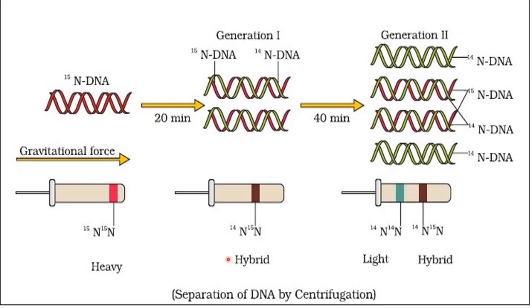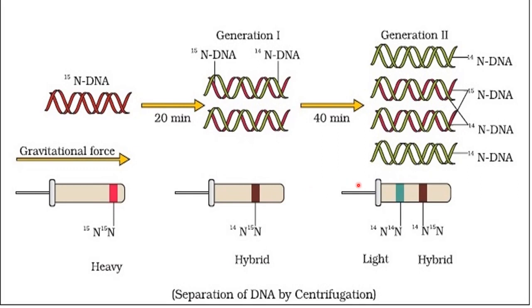It was neither heavy nor light. It had an intermediate density, and that's why this band was present in the center, and this band was showing hybrid DNA.